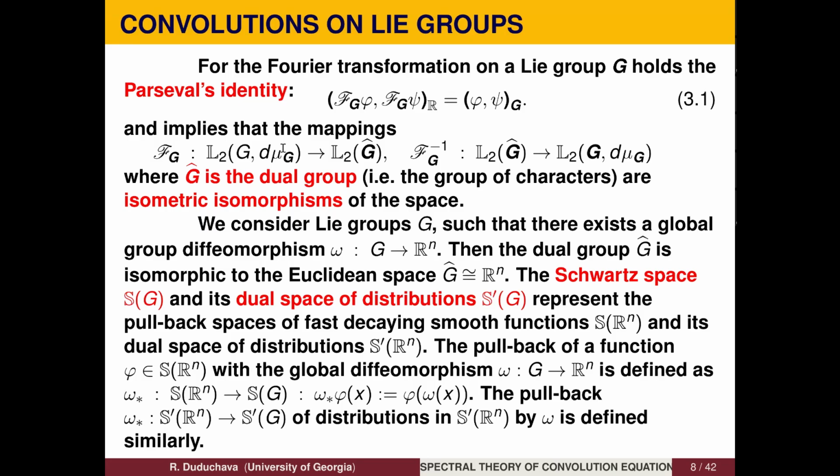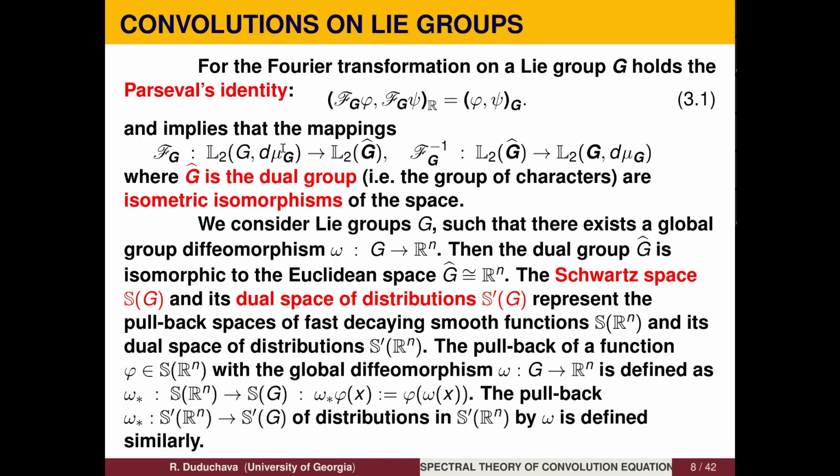We have the Haar measure here, so we can define any Lp space, but the L2 space is mapped by the Fourier transformation isometrically and isomorphically onto L2 on the dual group, which is the group of characters. It's an isometric isomorphism, and it has the inverse Fourier transform in all groups.